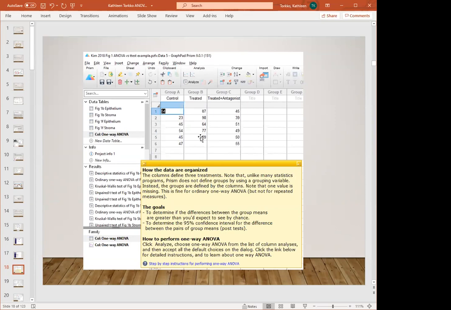Then you would just tell the program to do an ANOVA on the continuous variable by treatment group. But with Prism, you have to put the data in already sorted by treatment group, or whatever group you're analyzing. That's a little tedious and, to me, not the easiest way to get your data in, but it's just one of the limitations of Prism.